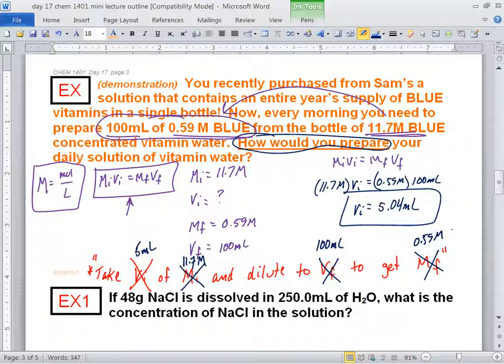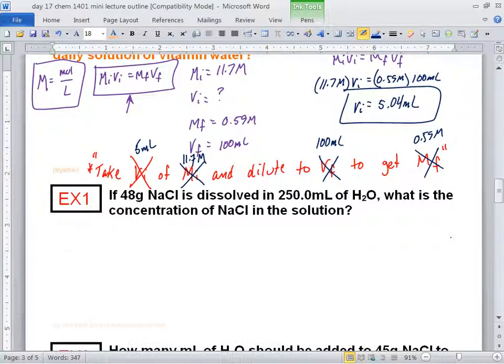Put a little cap on. And somebody did a study saying you've got to invert this thing 12 times for it to be totally mixed. Whatever, right? So there it is. I took 5 mils of 11.7 molar. I diluted it to 100 mils. I have 0.59 molar. Woo! So this is what I'd have to down in the morning, right? They must have wanted all the water because it's bad for your stomach or something.